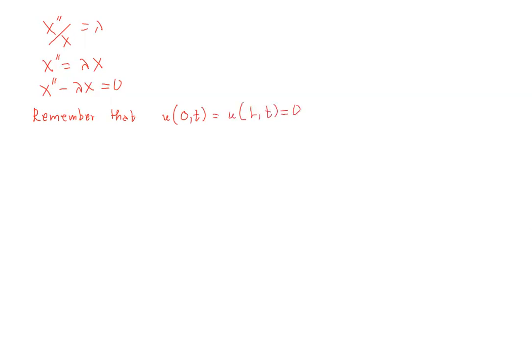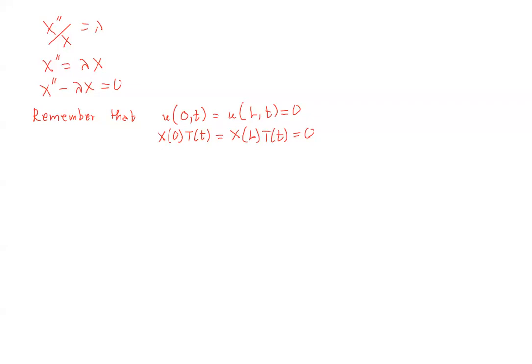What does this translate to? It translates to x of 0 times T of t is equal to x of L times T of t, and this has to be equal to 0, right?